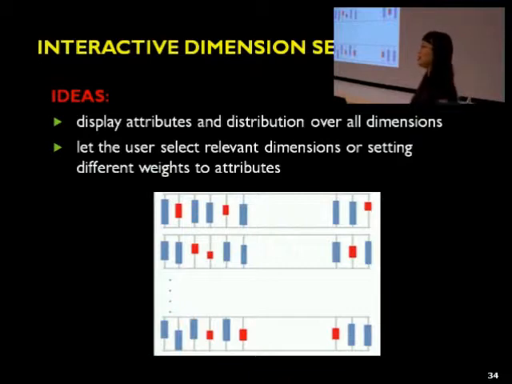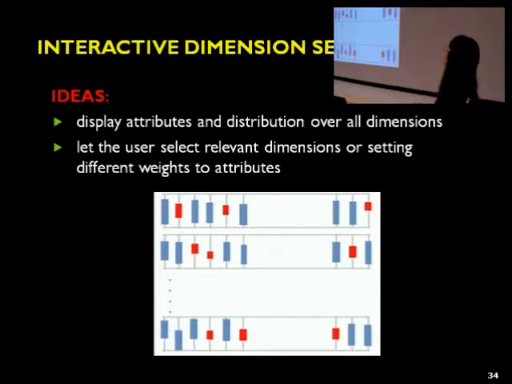In this case, you may want to easily select the dimensions you want to include in your data or deselect the dimensions you want to exclude. And in some cases, you can put different weights on the different attributes in your data based on how important they are to your analysis problem.